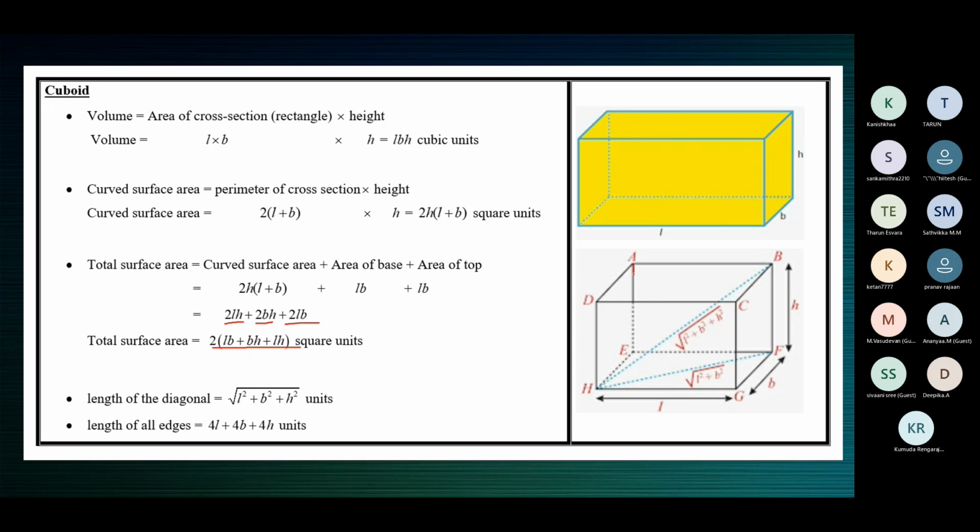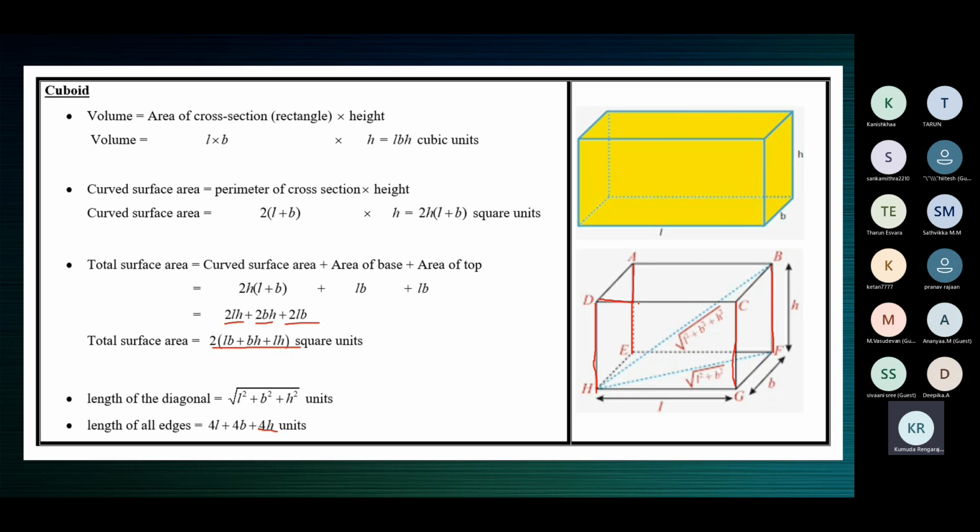See here? These are the edges along the height. 1, 2, 3, 4. So 4H, H plus H plus H plus H, 4H.